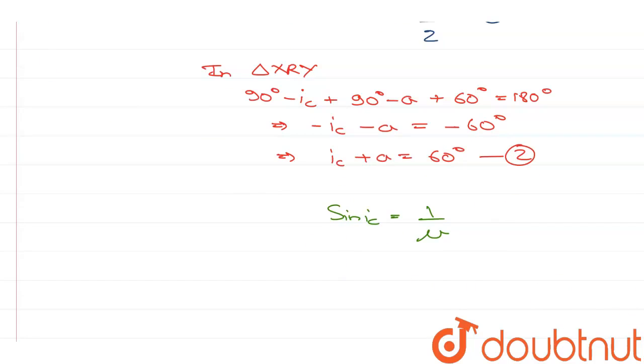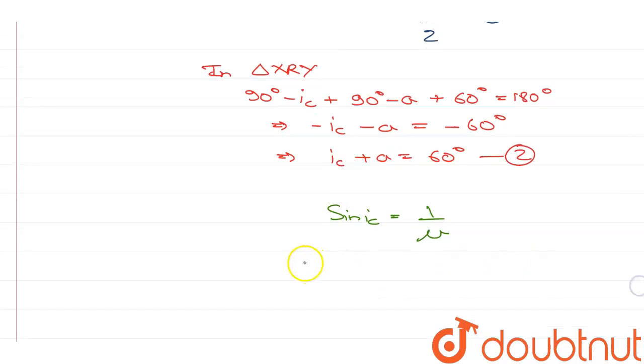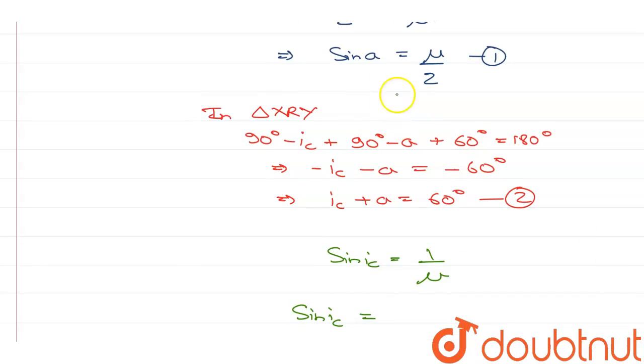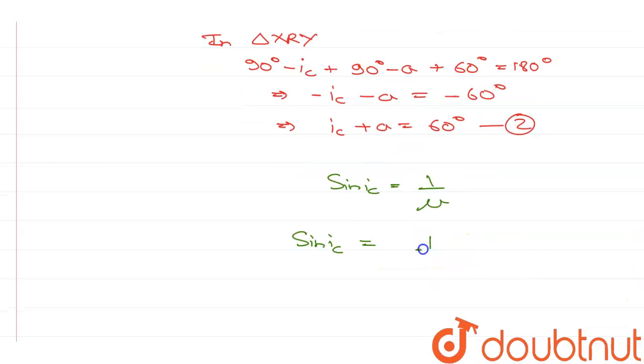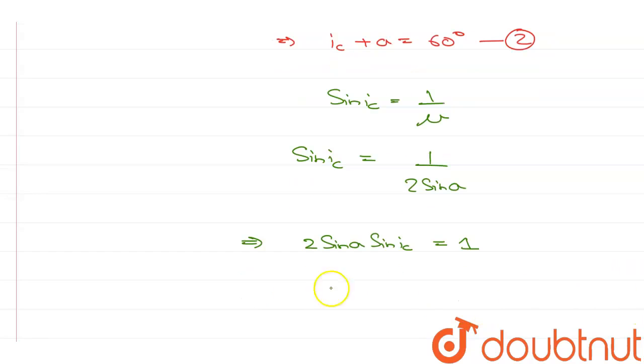So in this equation, if I put the value of mu from equation number 1, I get sine IC is equal to 1 upon 2 sine A, which means 2 sine A sine IC is equal to 1. Now from equation number 2, I can write A is equal to 60 degrees minus IC.